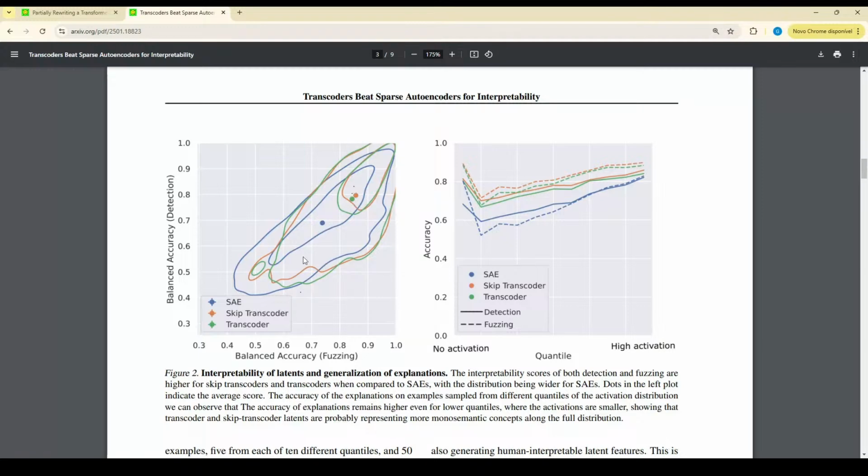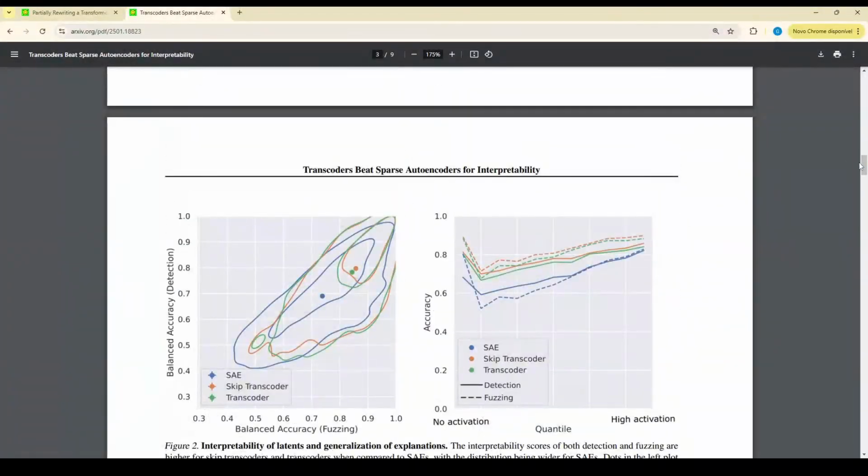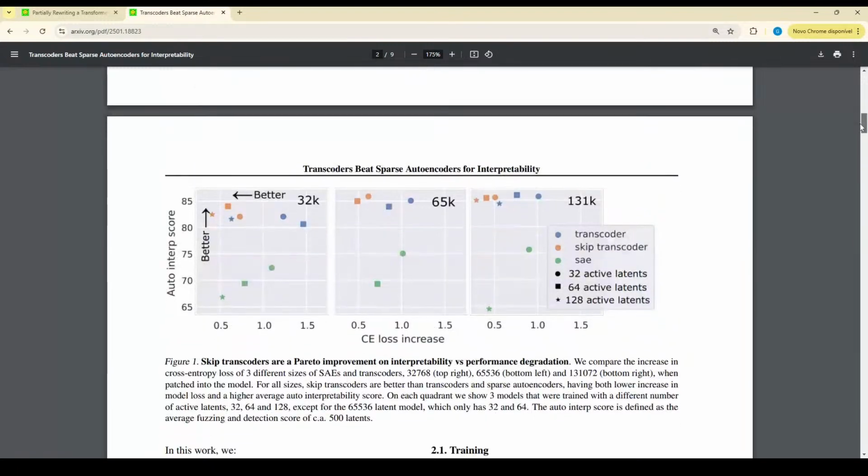And you'll see here, where is it? You see that the auto interp scores of transcoders and of skip transcoders, especially for the larger sizes, are very much the same, if not even a bit higher. So you see this square is higher. It's the transcoder, and this blue circle is higher as well.